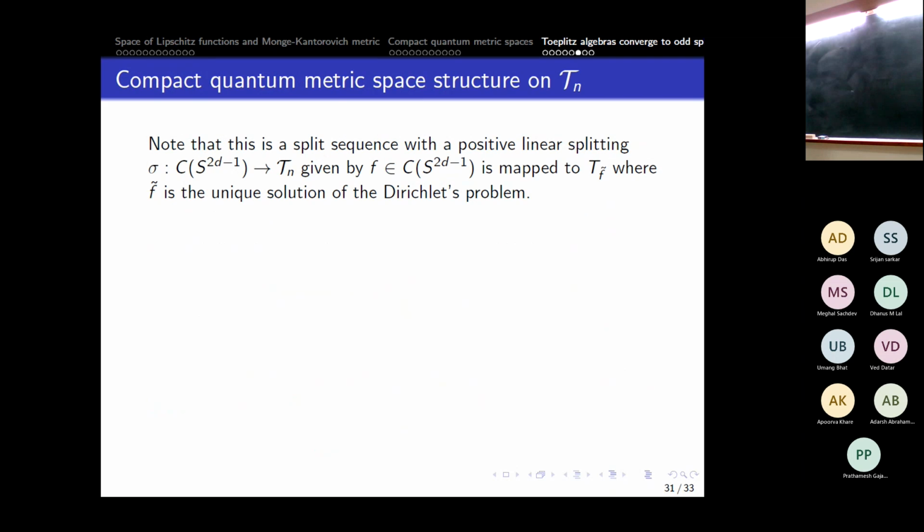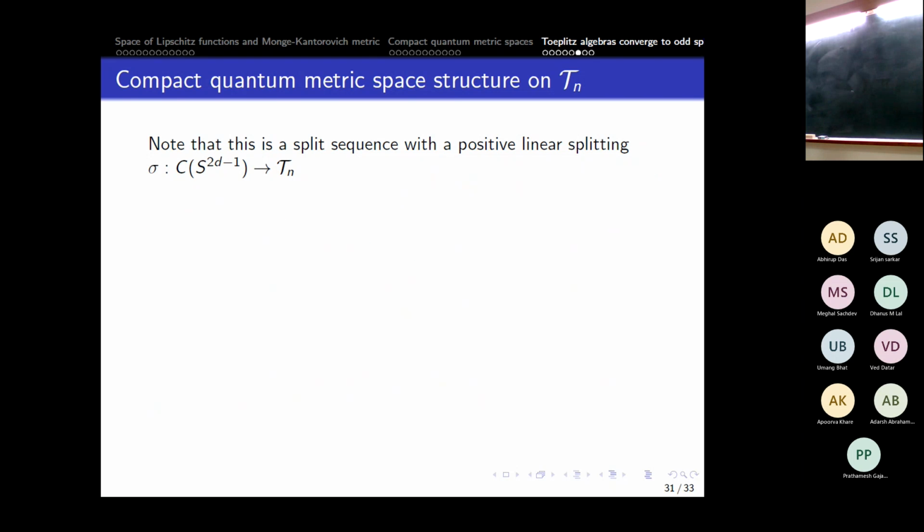I'll show you one: I'm taking sigma, take any function on the boundary and extend it to the whole closed unit ball by the unique solution of the Dirichlet problem. Whenever the function on the boundary is positive, the unique solution of the Dirichlet problem has to be positive.